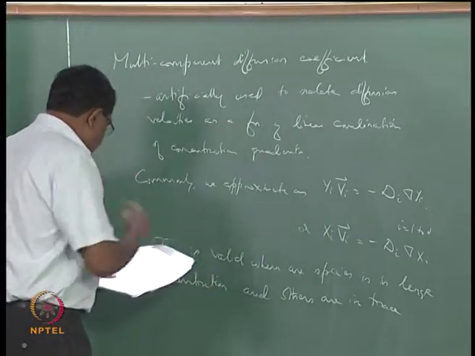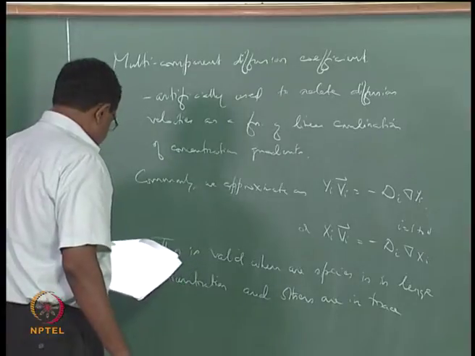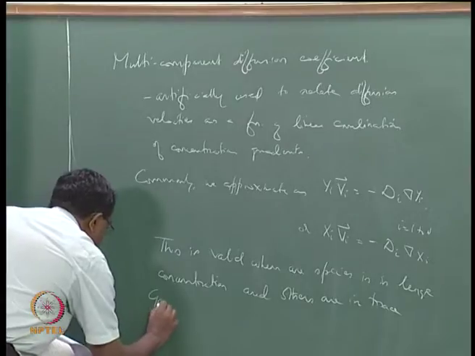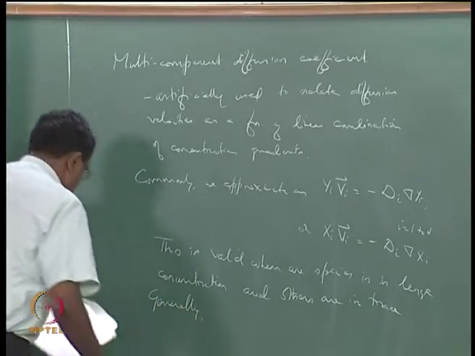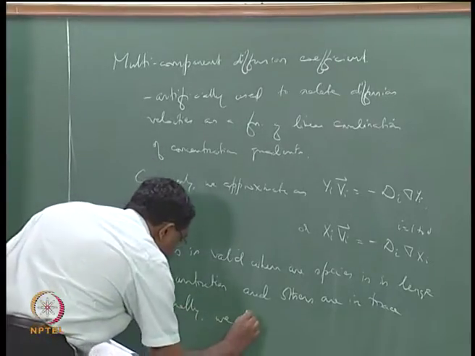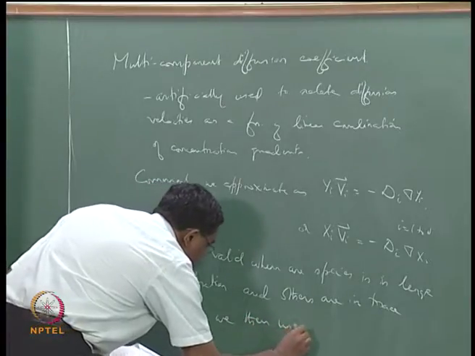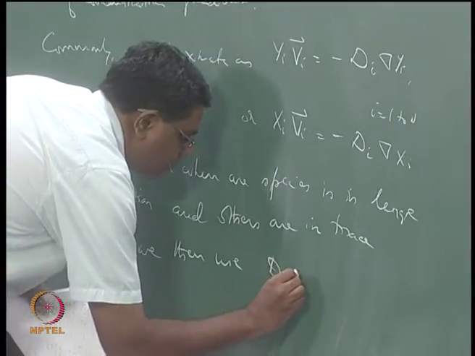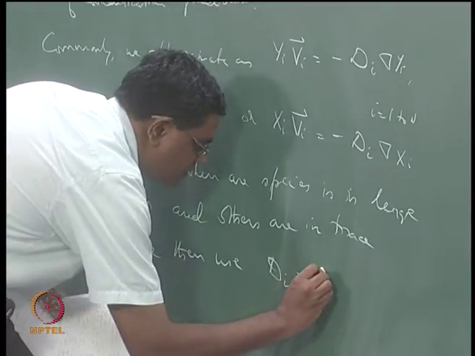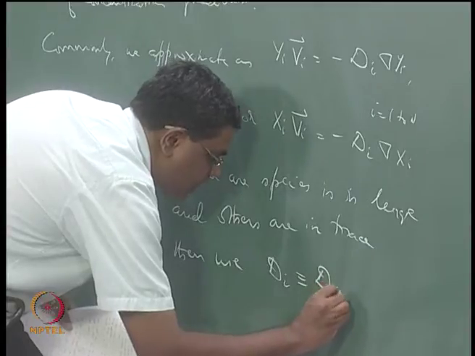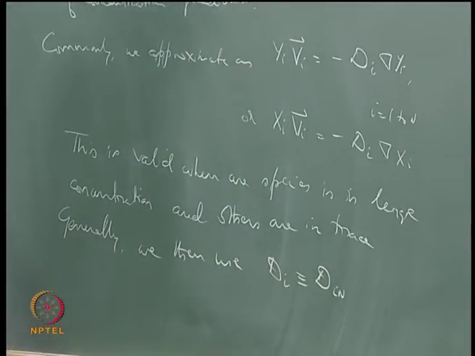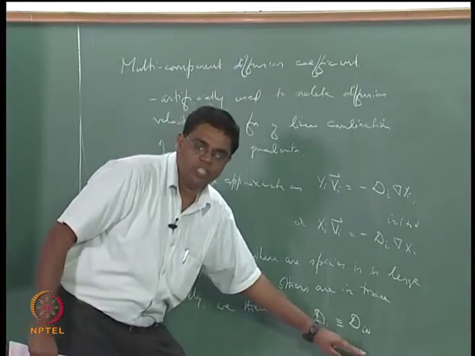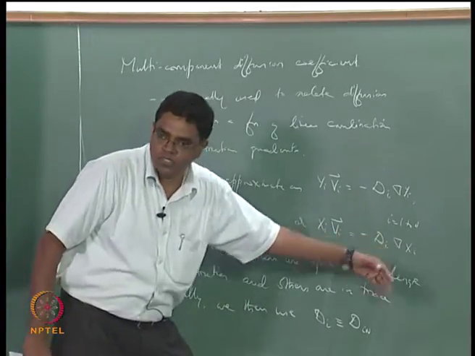Okay, so then what happens? Generally we then use Di, which is now considered identical to what is called Din. That is as if we are looking at a binary diffusion coefficient of each of the species relative to the abundant species.